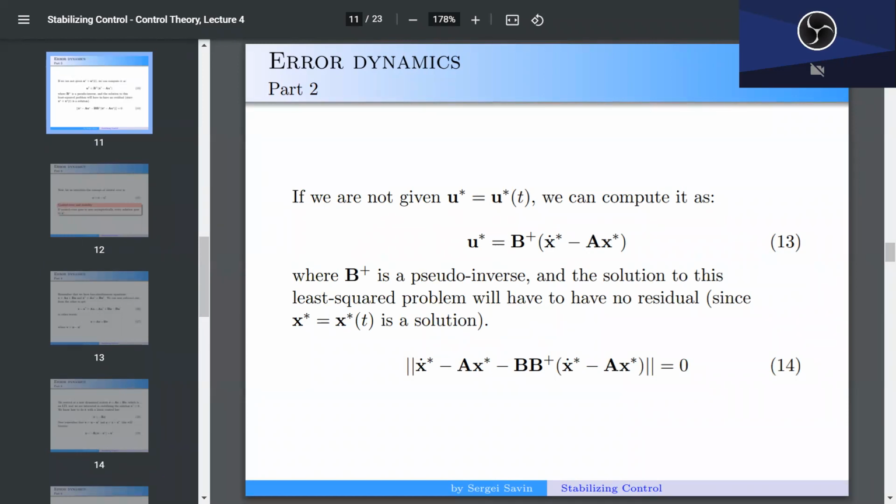Microphone stopped working? So we know that it holds, right? This equation x dot equals ax plus bu has to hold because we know that x star is a solution. I think the microphone just doesn't have battery, so I apologize. But anyway, since it holds, we know that x dot minus ax has to be spanned by b, otherwise it won't hold.